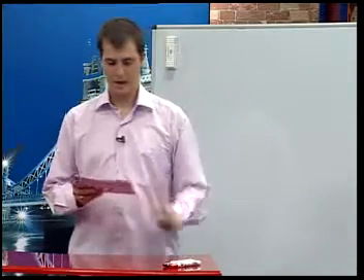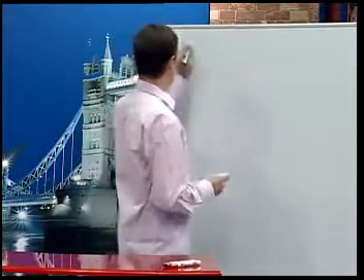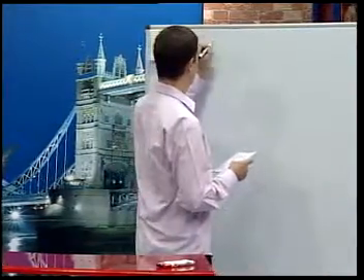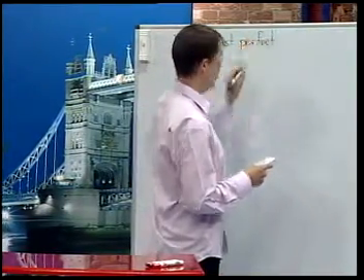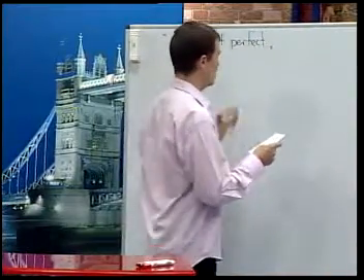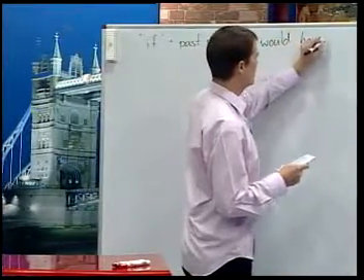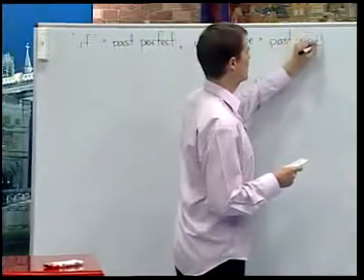Well, the third conditional can be used to describe ideas about past situations or events that did not happen. The past perfect tense is used in the if clause. So let's look at the formula. We have if plus past perfect, comma, would have plus past participle.